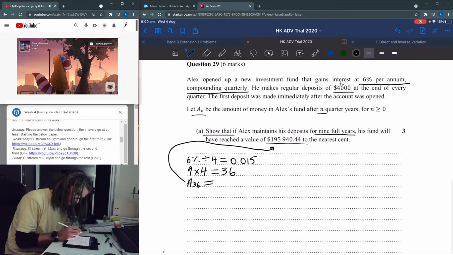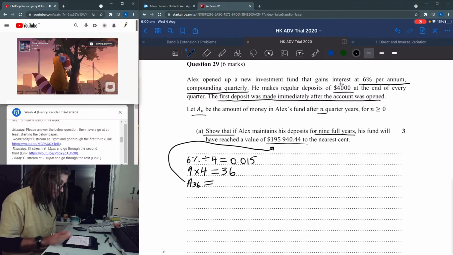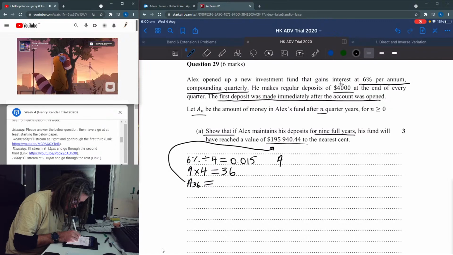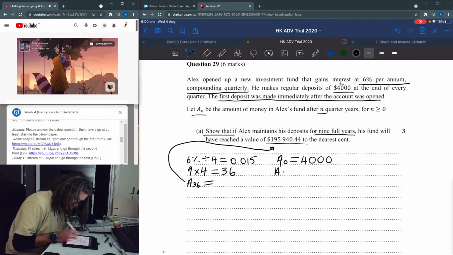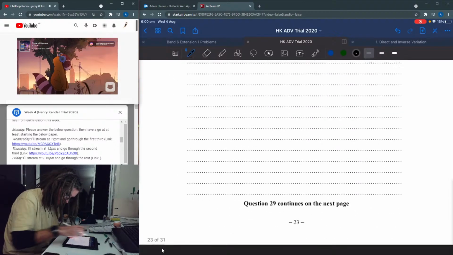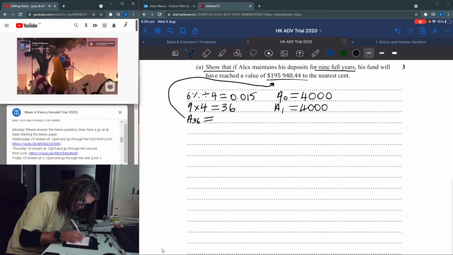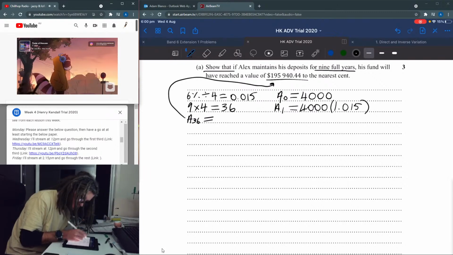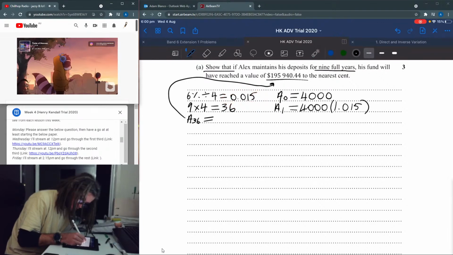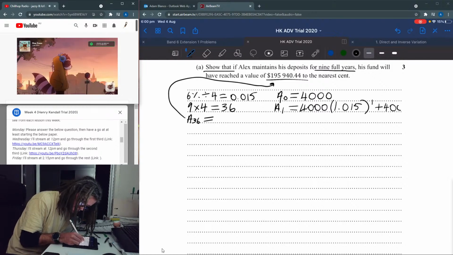Alright, so if the first deposit was made immediately after the account was opened, that means no money is compounded, and a quarter hasn't passed yet. So at time 0, he puts $4,000 in. Then at time 1, he's got his $4,000. It compounds, so 1.015, goes up by the rate, then he deposits $4,000.